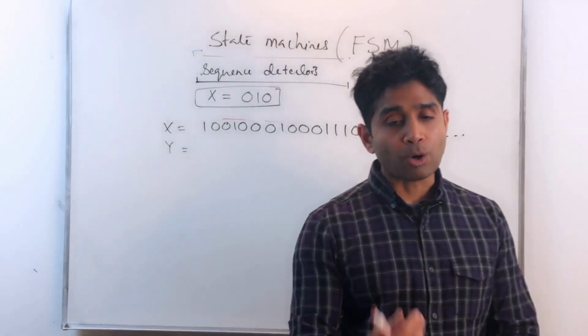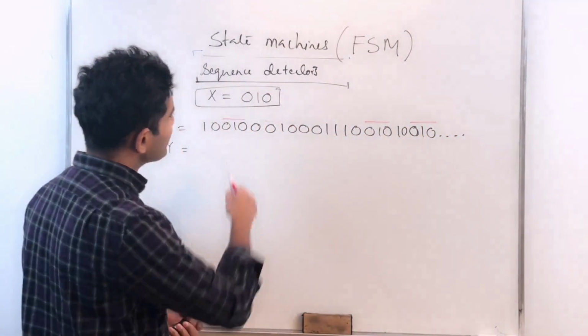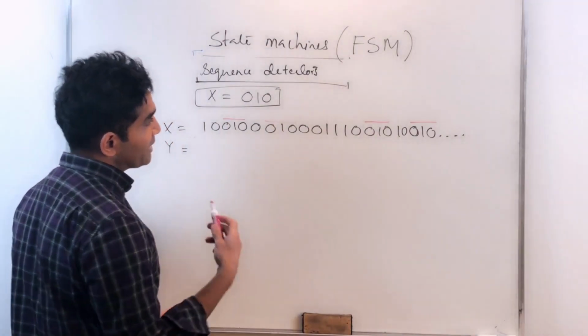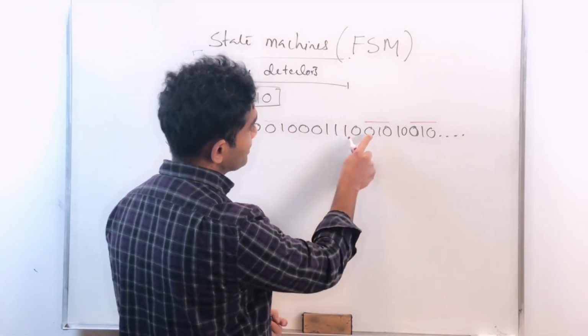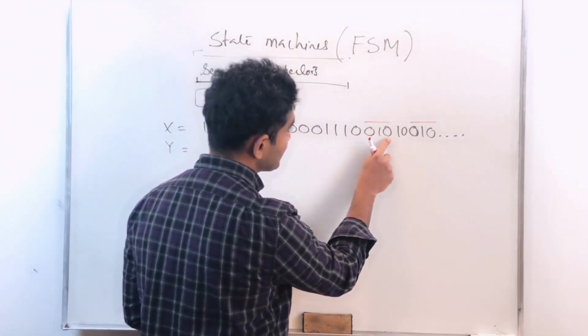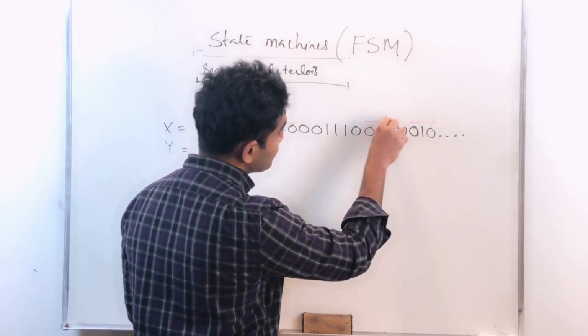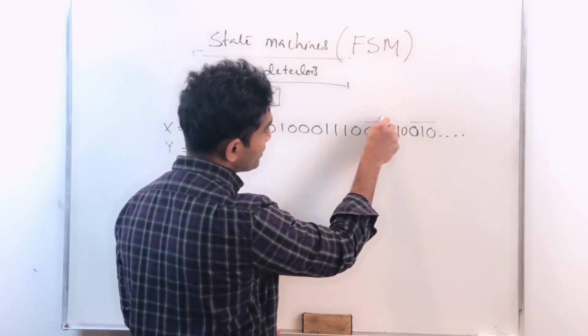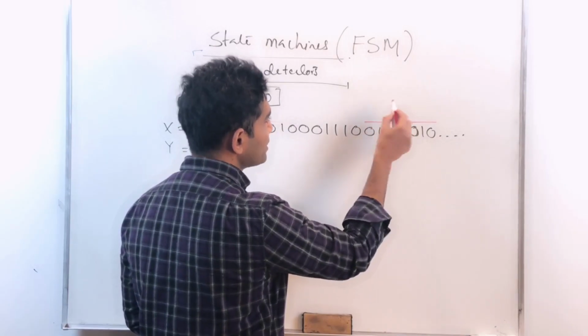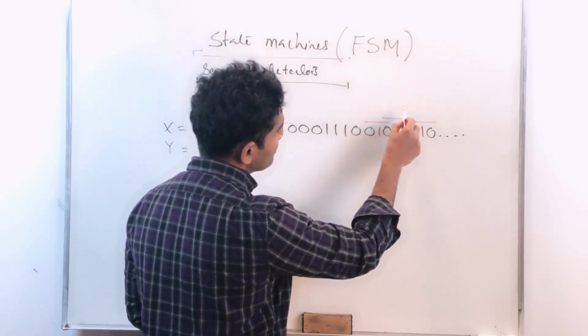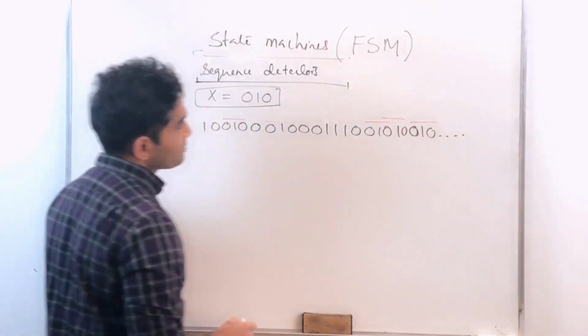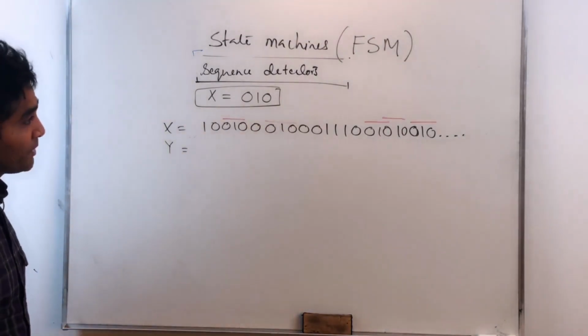Sometimes I don't want to identify overlapping sequences. So let's say in this example, I would like to identify overlapping sequences also. So here I have a sequence 0, 1, 0 identified. Now here I have another sequence because this 0, 1, 0 is also here. That's an overlapping sequence. For this particular example, let's say that that's also counted. That's another sequence that I identified in my input stream.